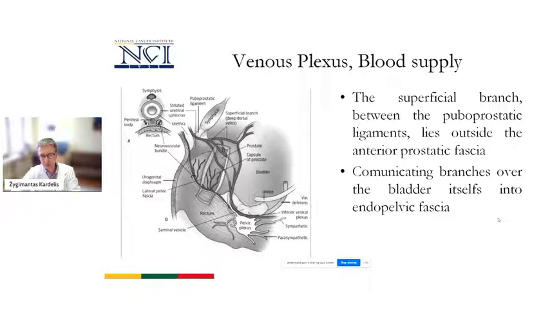There are communications with the pudendal, obturator, and vesical plexuses in the inferior vesical vein. Near the puboprostatic ligament, small branches communicate with the pelvic side wall muscle and with the internal pudendal vein.